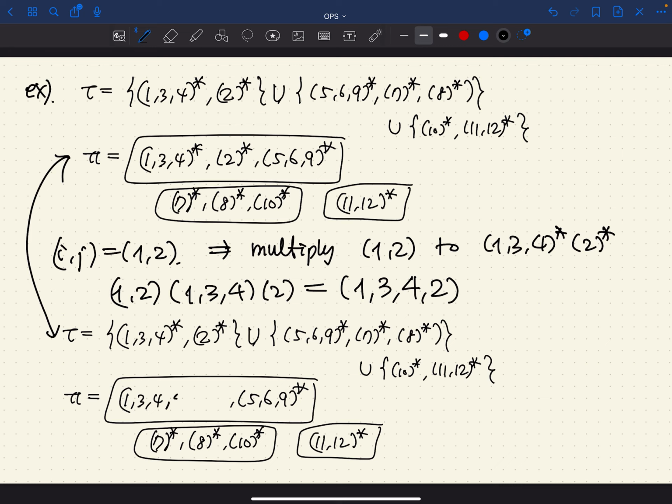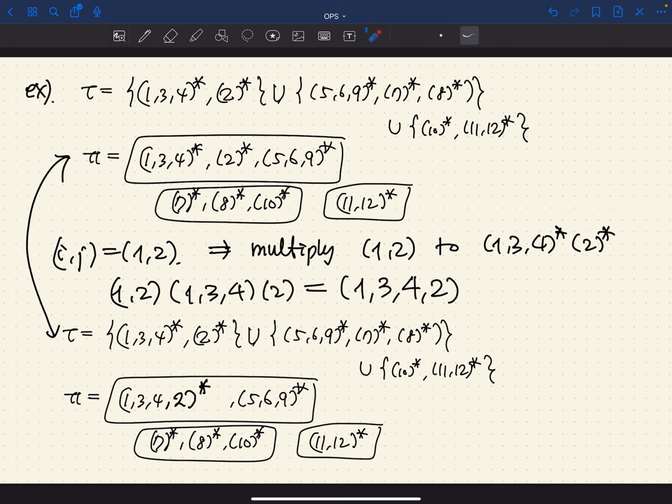So the idea is we change the number of cycles, because if you multiply a transposition i, j, you will always change the number of decorated cycles. Because it either merges two cycles or splits one cycle into two. So if you have the same map here, you will still have to choose the same i, j. You multiply i, j, then you will get back these two cycles separated. So that's basically the idea.